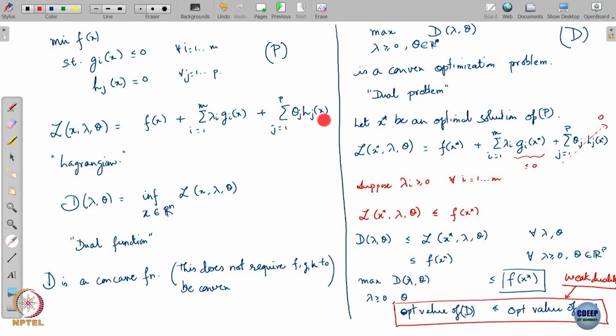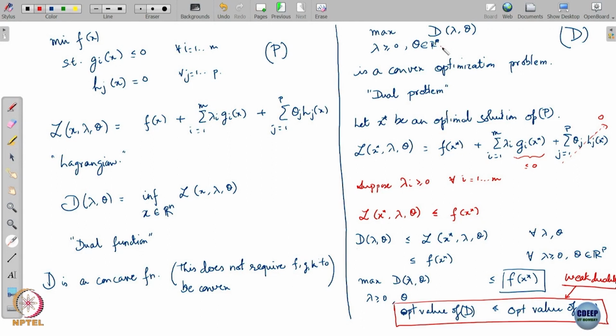For the constraints that are equality constraints, you do not need any such restriction. Then you look at the least possible value of the Lagrangian over the entire space, define that as d of lambda comma theta, and then maximize d of lambda comma theta over the Lagrange multipliers, with lambda restricted to be greater than or equal to 0 and theta being anything.